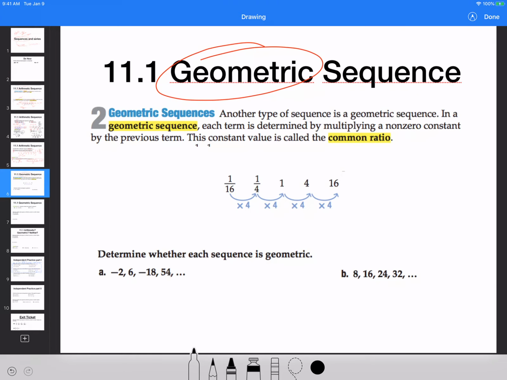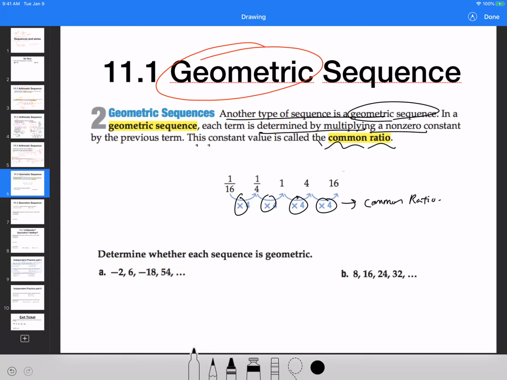But for the geometric sequence, the major difference is that you're consistently multiplying by what we call a common ratio. So another type of sequence is the geometric sequence. It is determined by multiplying a non-zero constant to the previous term.